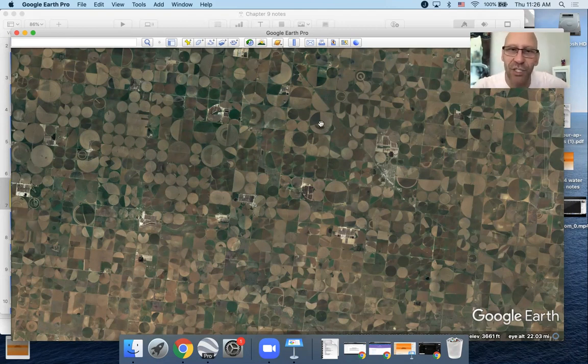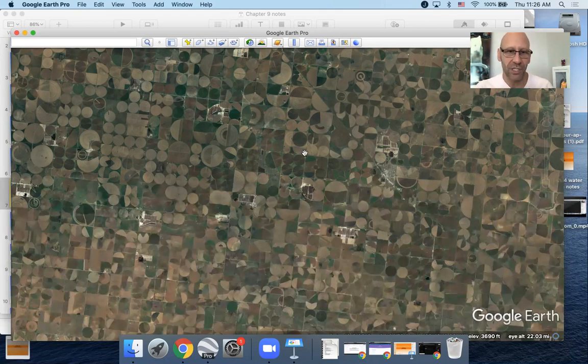At the center of each of these circles is a hole in the ground. It looks like this. You put a tube into the ground and you access the aquifer. Then you suck the water out of the ground. Pull, really, is a better way to put it. You pull the water out of the ground and you spray it on your field.